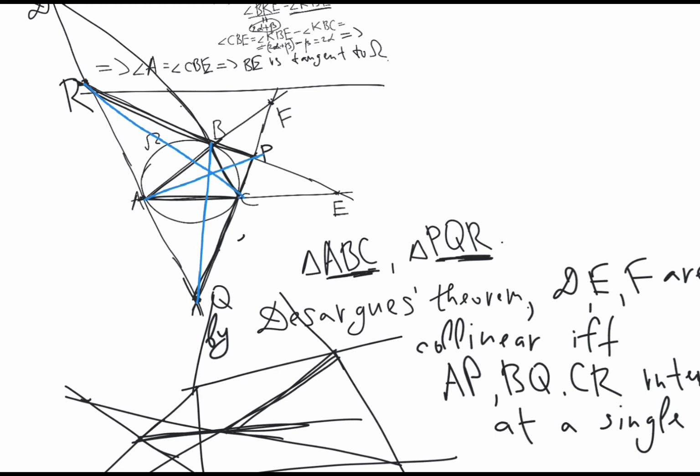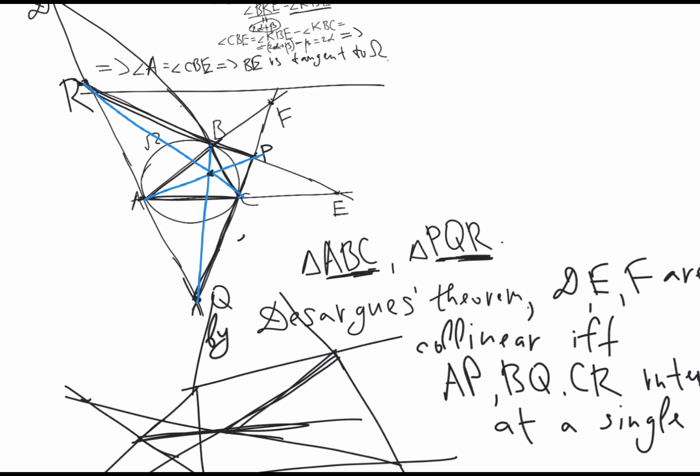Well, they intersect at a single point because in this large triangle PQR, this is the Gergonne point of this triangle. These are the lines connecting the vertices of triangle PQR with the tangency points of the inscribed circle.